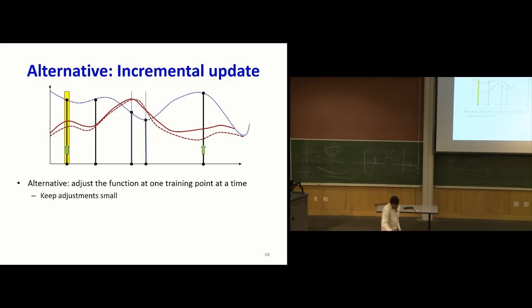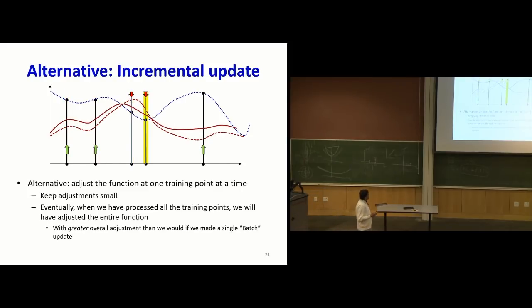Basically, instead of trying to adjust everything all at once, you adjust each of these points one at a time through small adjustments. And if you have 10 training instances, you would have made 10 steps. But what will happen is that in the process of making 10 individual corrections, at the end, when you've gone through all of the training points, you'd have adjusted the entire function because you'd have adjusted the value of the function at every location in your training set.